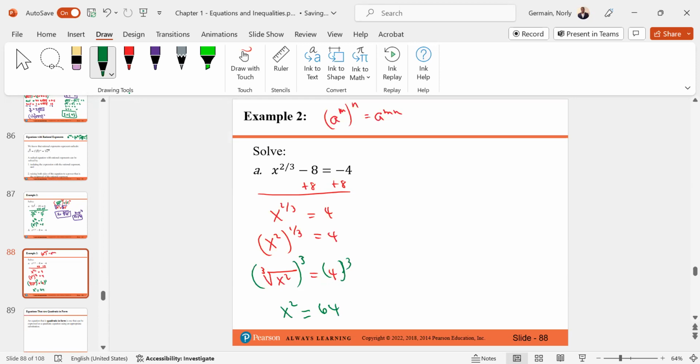Now we take the square roots of both sides because it's x squared. So x is plus and minus 8. So the solutions are negative 8 and 8.